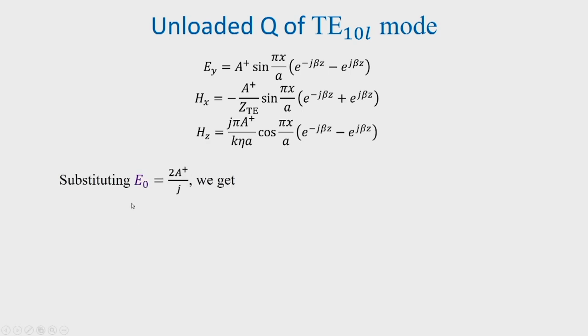If we substitute E naught equal to 2 A plus by j, that means A plus is equal to E naught j by 2, then we can write Ey to be equal to E naught sin(pi x by a) sin(l pi z by d), because we have seen that beta becomes equal to l pi by d.